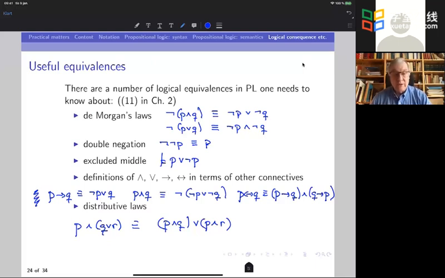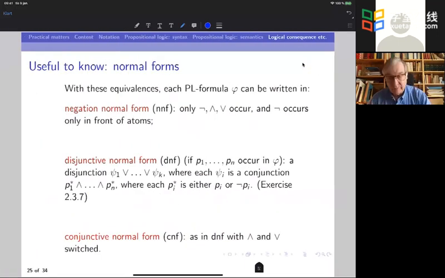So you first use that to eliminate all the implications. If there are double implications, you can also use this. And when you've done that, only negation, conjunction, and disjunction remain. Then you move all the negations inside as far as you can. And when you hit a double negation, you cancel it, and so on. When you've done that, the procedure stops, and you will get something which is in negation normal form. So that's in the text.